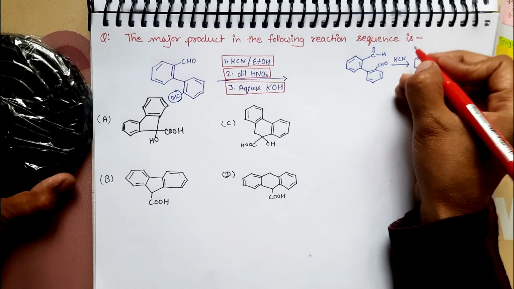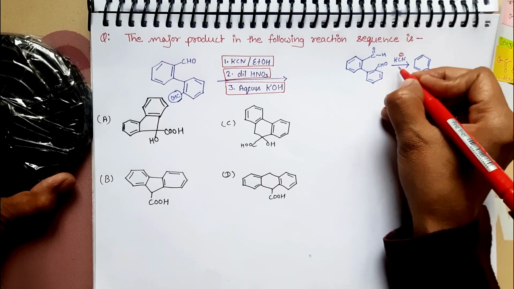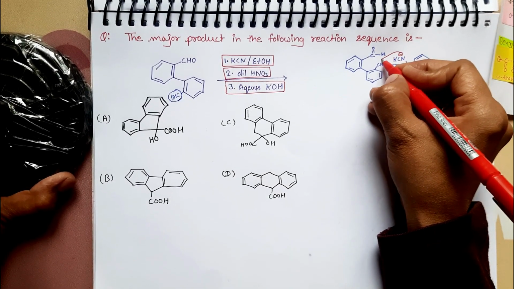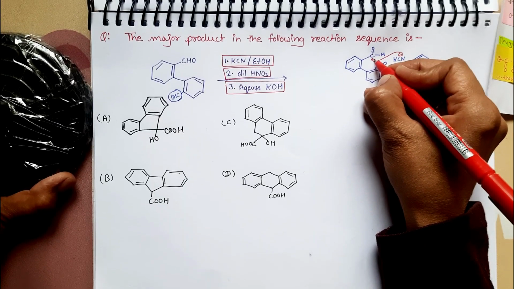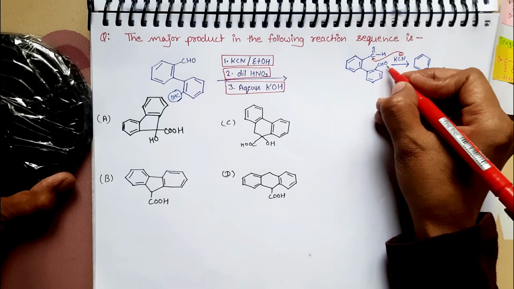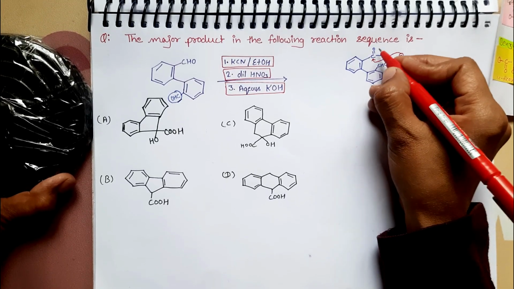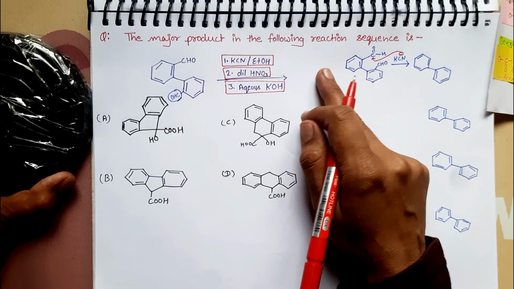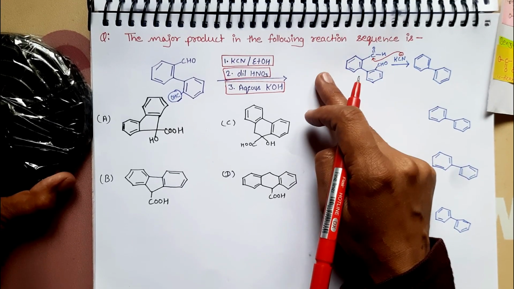In KCN, the cyanide group acts as a nucleophile at this carbonyl group. This cyanide group attacks this aldehyde group or that aldehyde group. Here there is no difference, because they did not give any substituent attached to the ring.